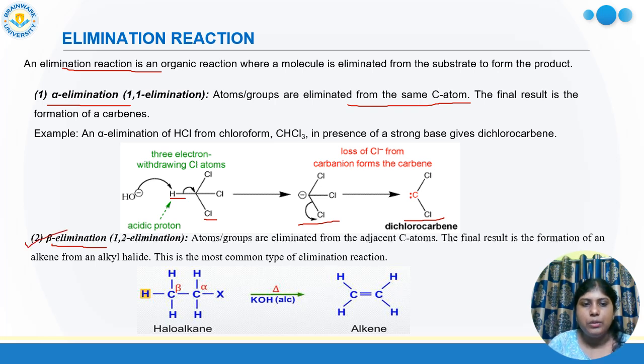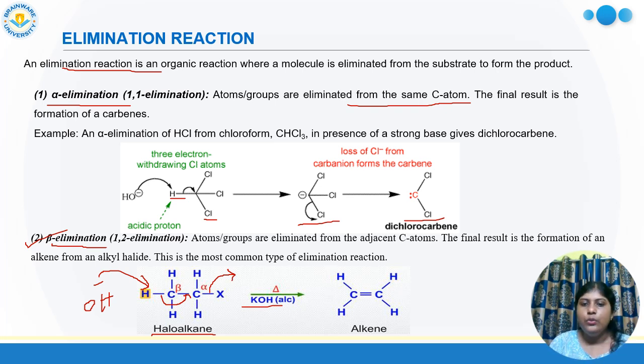Second one is beta elimination or 1,2 elimination. Here atoms or groups are eliminated from the adjacent carbon atoms. Suppose this is an example of haloalkane, and if we treat this haloalkane with a base, the OH minus ion attacks this proton and this bond will break, C=C double bond will form, and this leaving group is removed from the substrate.